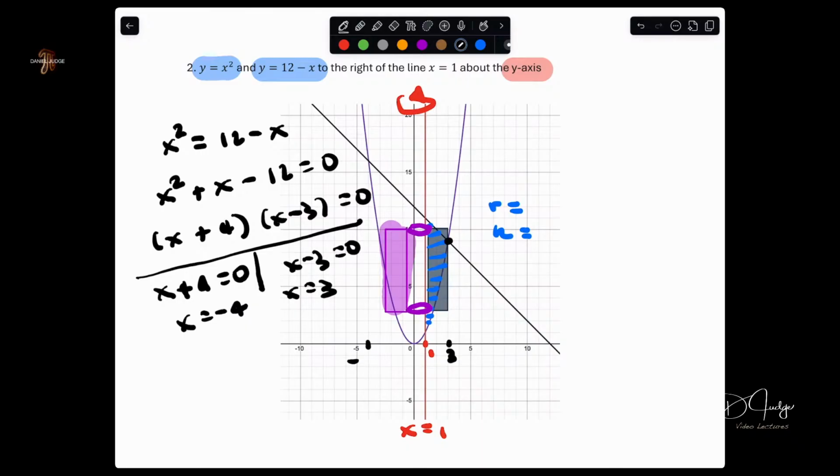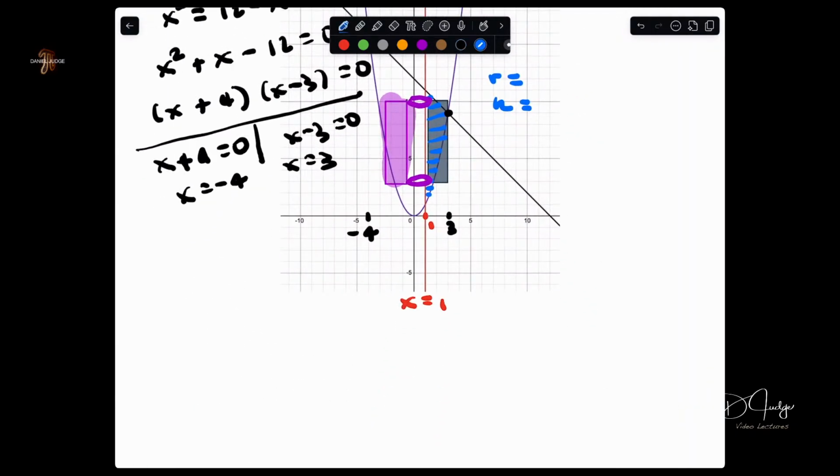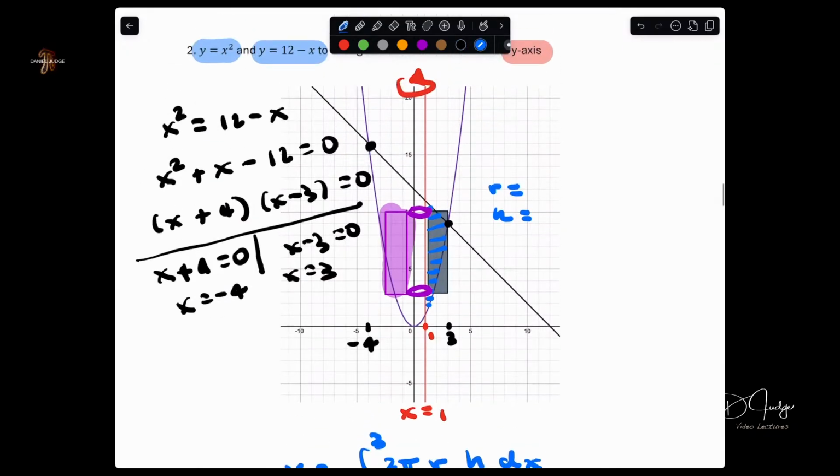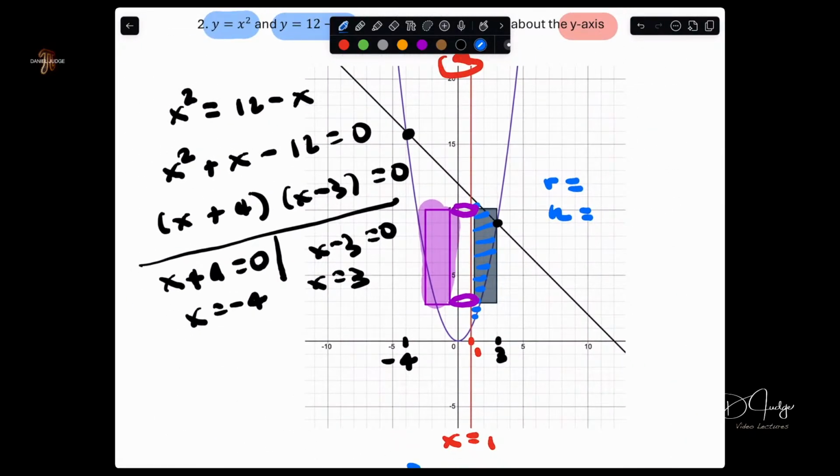And sure enough, we found the two points of intersection. So this is going to be important to know because we're going to use our volume by cylindrical shells formula, but the limits are going to be from 1 to 3, because this is the region they described for us in blue there. Okay?